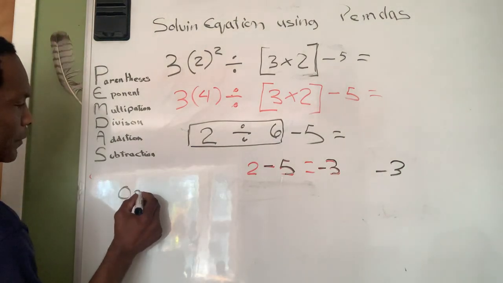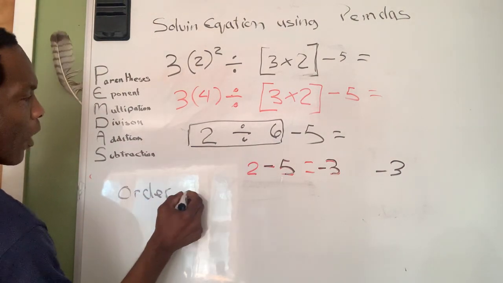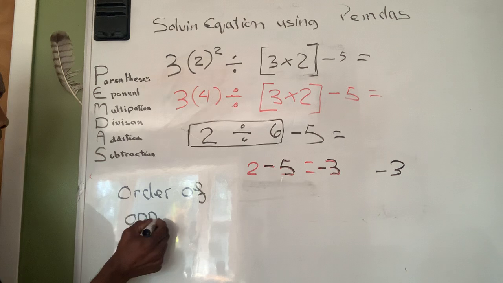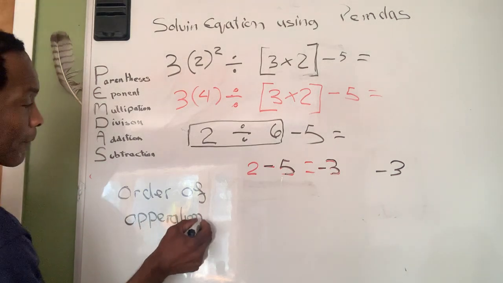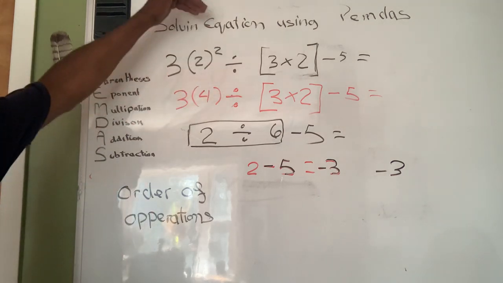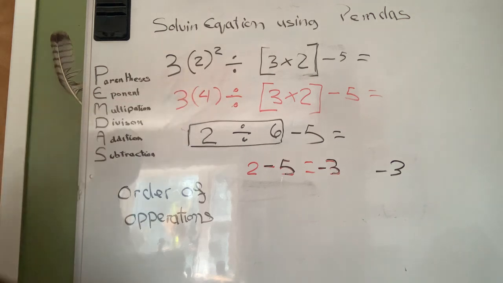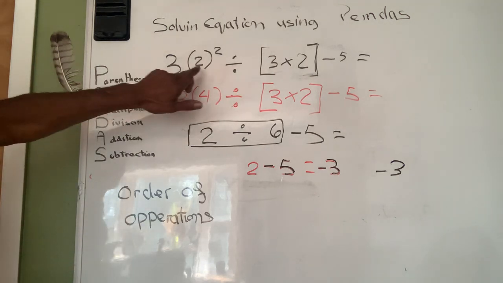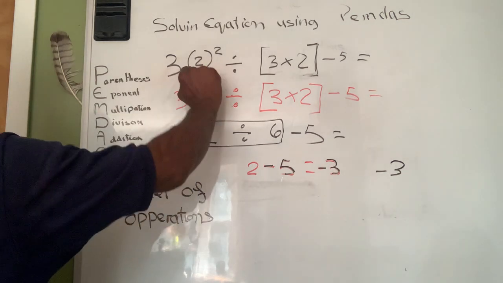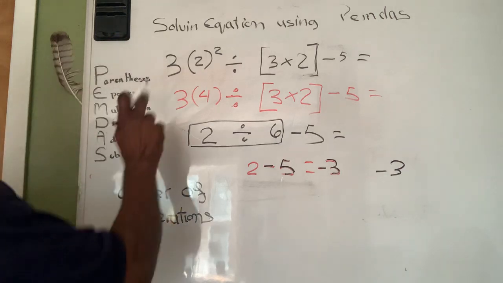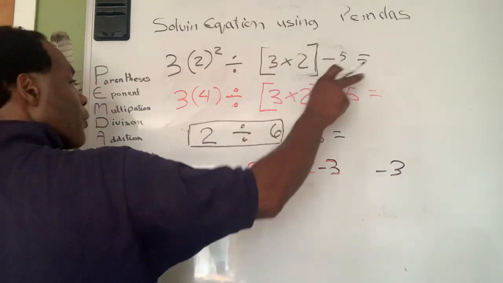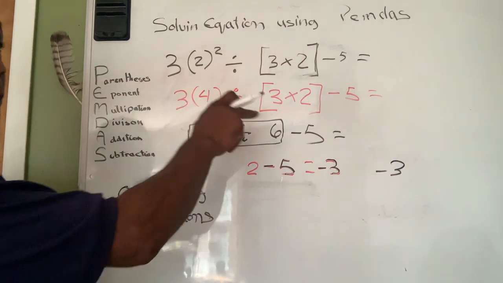So it's called order of operations. Use it as the basic table of principles to solve this question. Let's go back. Parentheses is always solved first, and since you're going from left to right, PEMDAS gives you the order of operations, so you'll be able to solve the question.